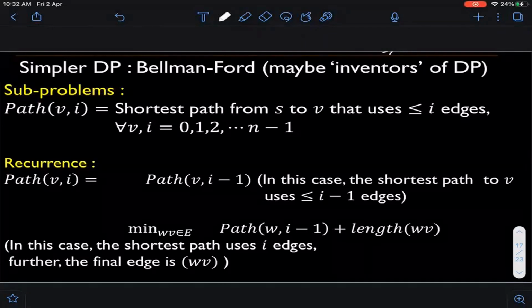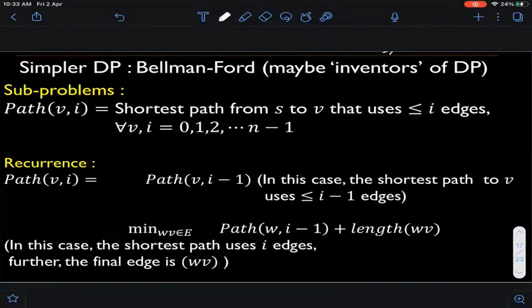Also recall that there was this issue of negative cycles. If there are negative cycles in your graph, then the shortest path problem is not well defined, because the shortest path could potentially be minus infinity for some of the vertices.